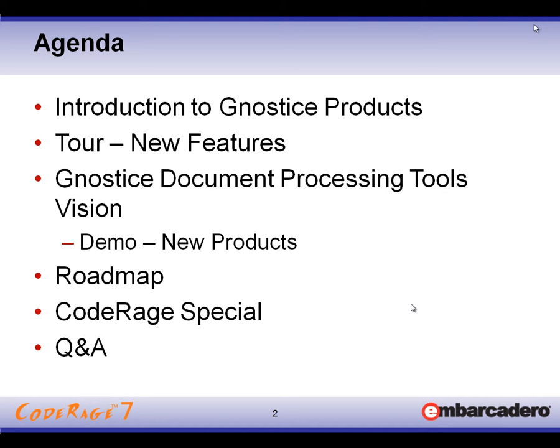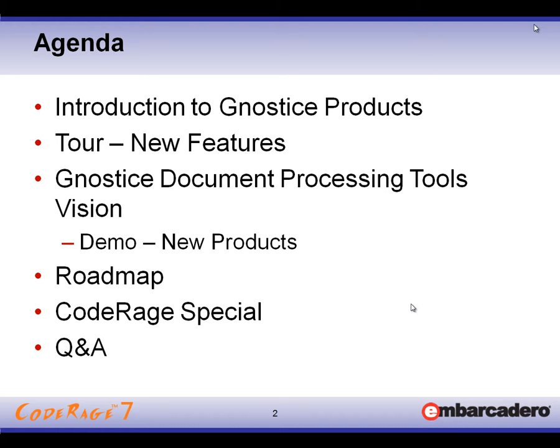To get everybody on the same page, we'll start with a quick introduction to the products, and then we will go into the demos of the new features we have added to existing products. After that, we'll come back a bit and look at the big picture on the vision for electronic document processing that Gnostice has.